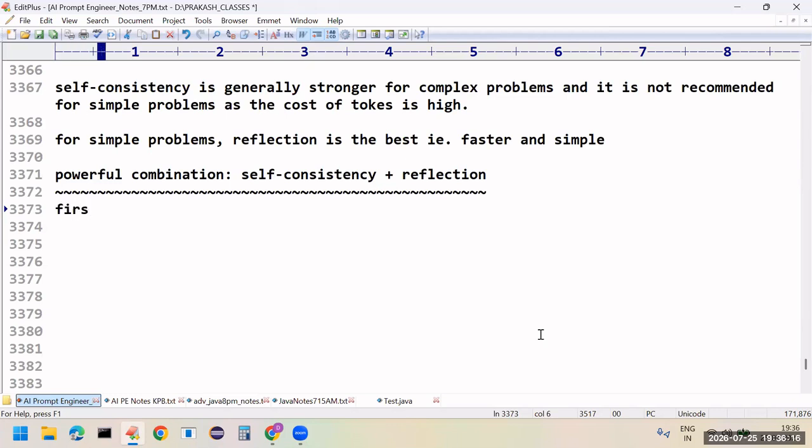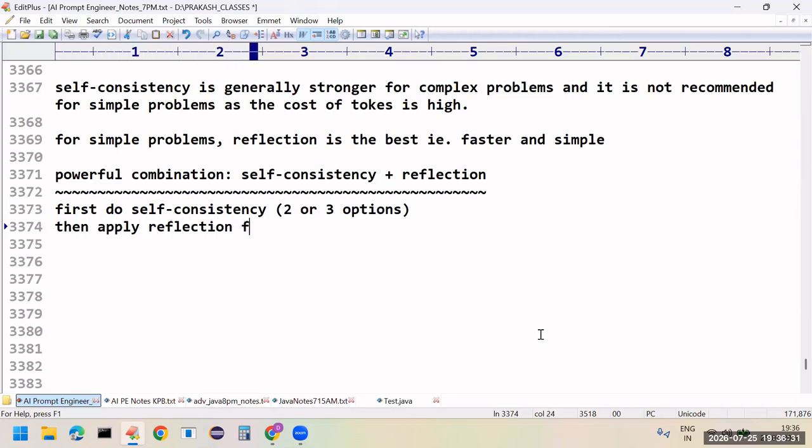So first do which one? Self-consistency. Minimum 2 or 3 options, and ask it to select the best. Then apply reflection on the best answer. Now what are you going to get? Sir, now we will get higher reliability.